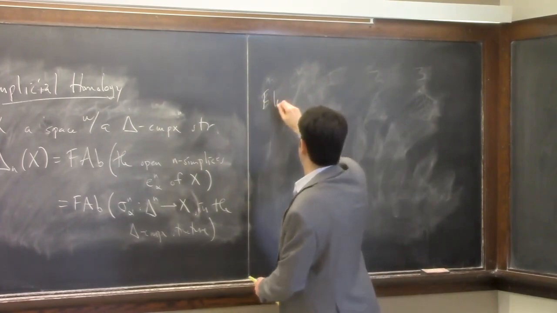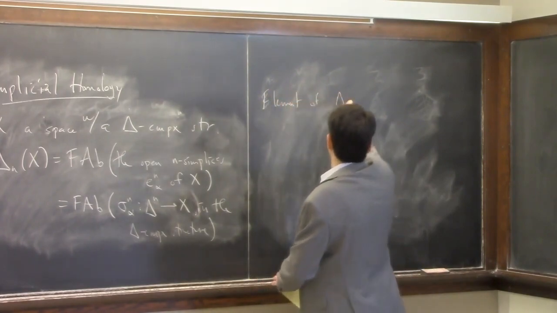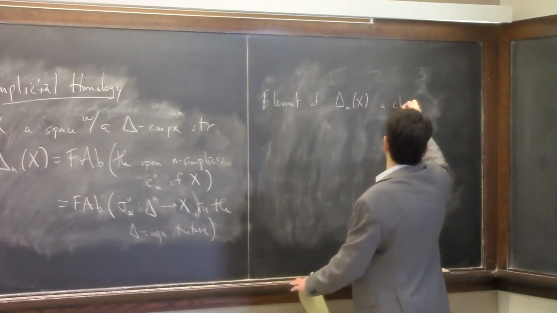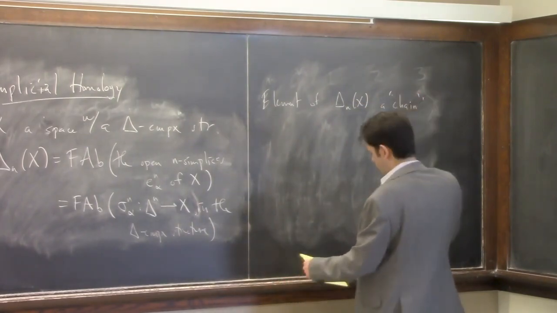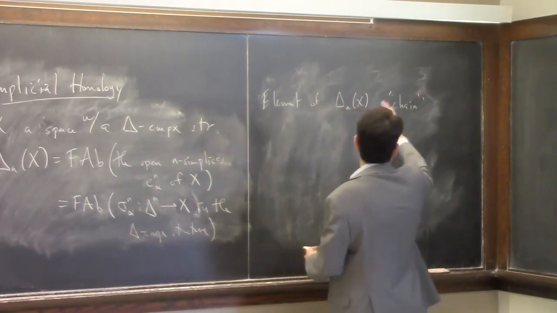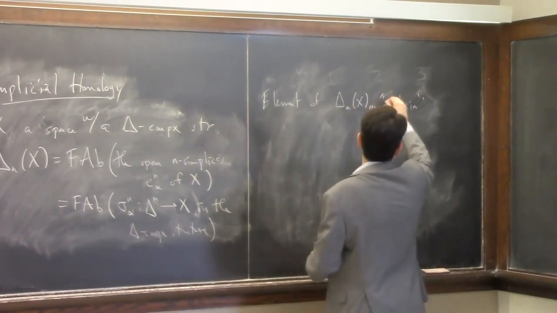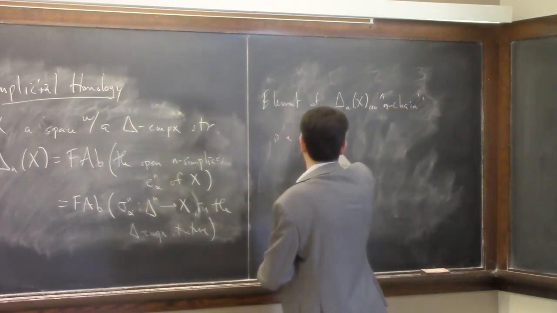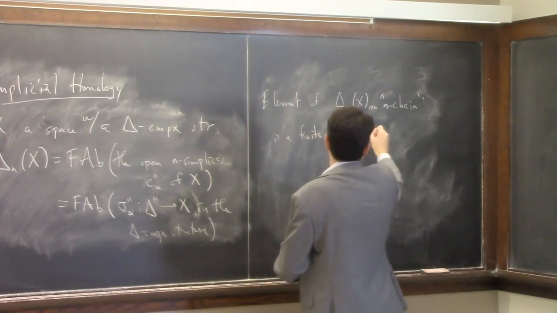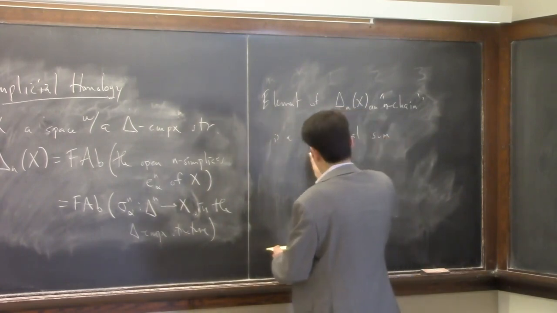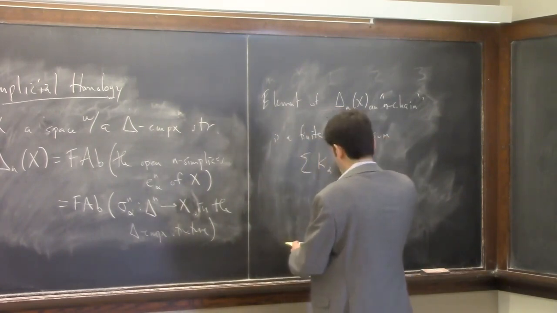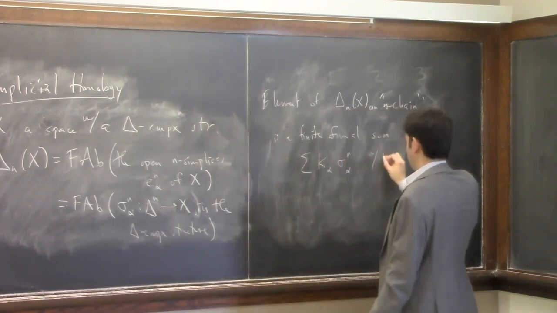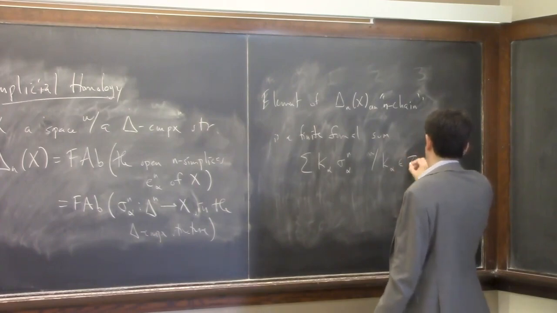Right, so an element of delta_n of X, which we'll call a chain, or an n-chain, is a finite formal sum of k_alpha sigma_n^alpha, in which each k_alpha is an integer.